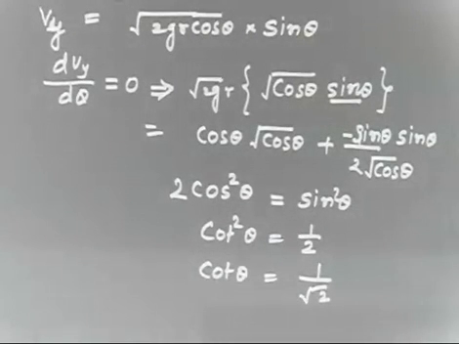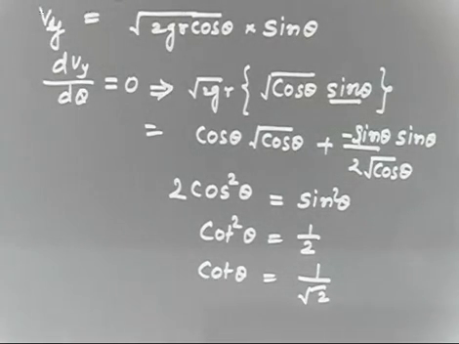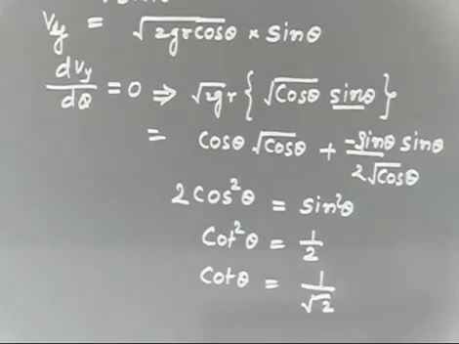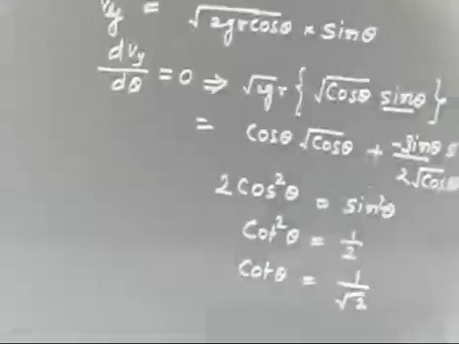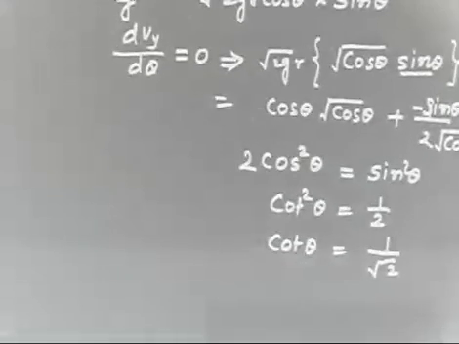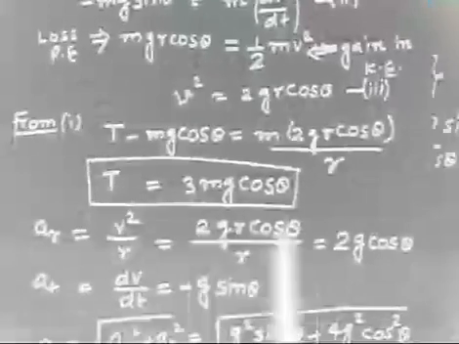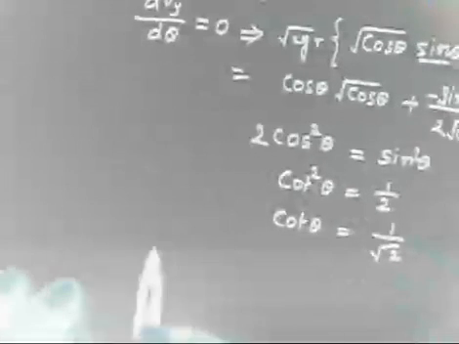So at this time, what is the tension? We have the expression for tension in the back page. What is the expression for tension? Let me see your copy. I also have this expression: tension is 3 mg cos theta.